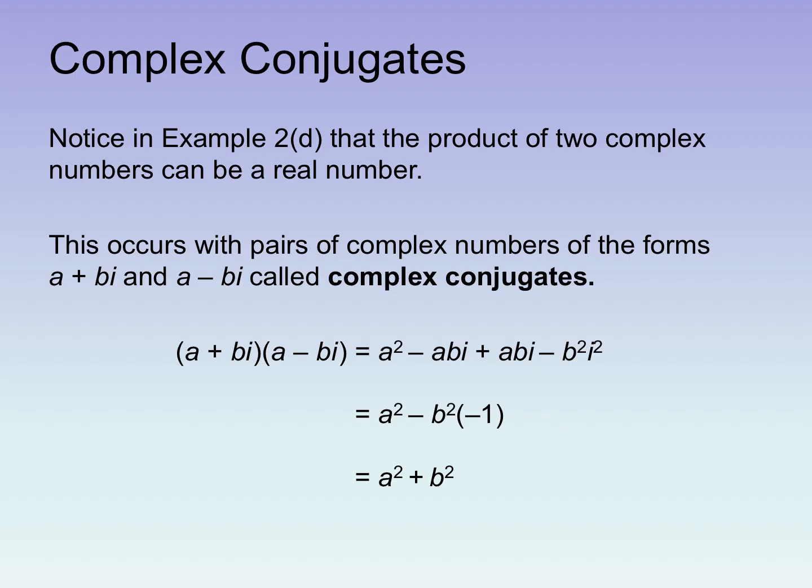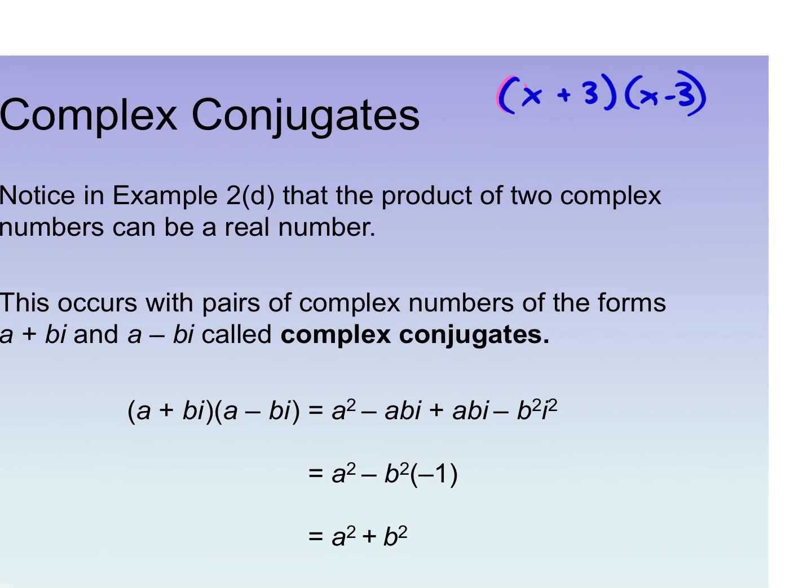All right, so in the last couple sections, we talked about conjugates and our conjugate shortcut. If I had something like x plus 3 times x minus 3, our conjugate shortcut to FOIL this out was a squared minus b squared. So this would be x squared minus 3 squared, which would be 9.